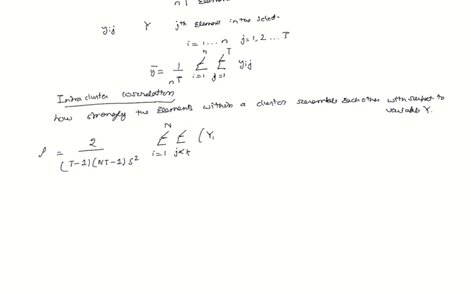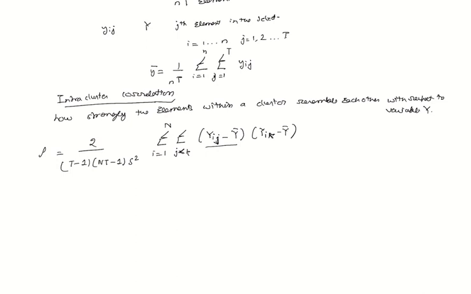In this case we do Yij minus y bar and Yik minus y bar, multiply them, and keep adding it for all the clusters. So that's what rho is.